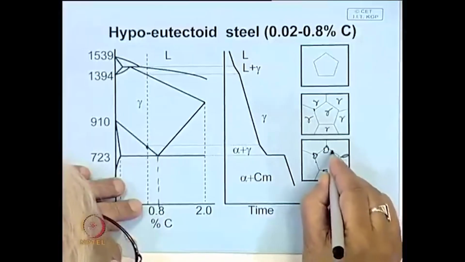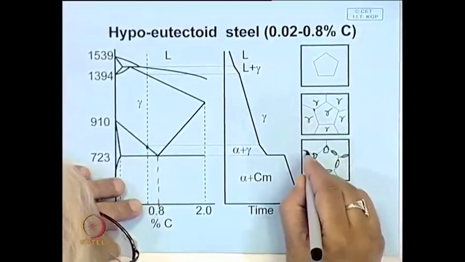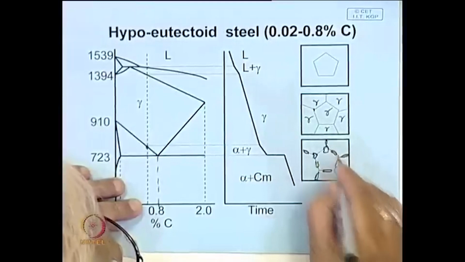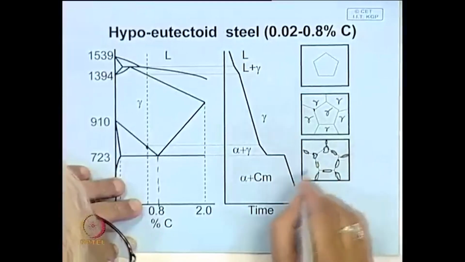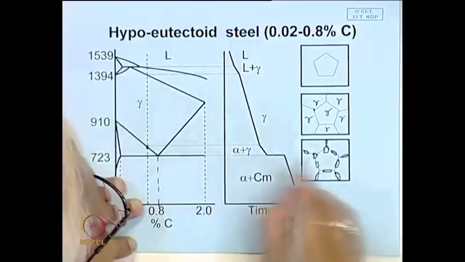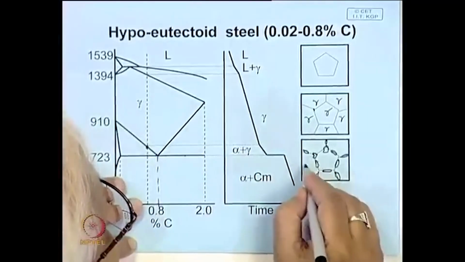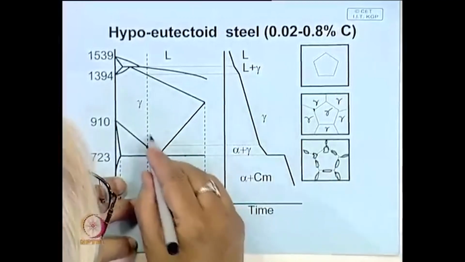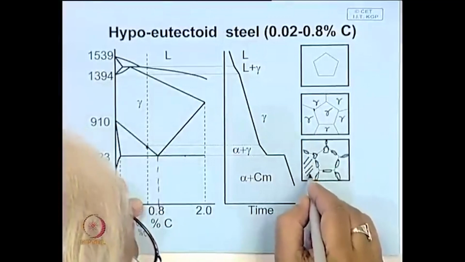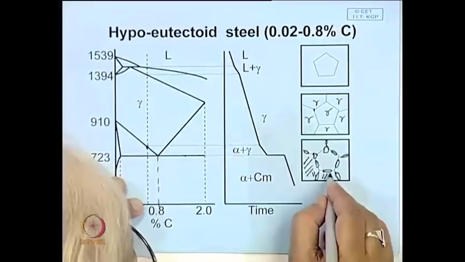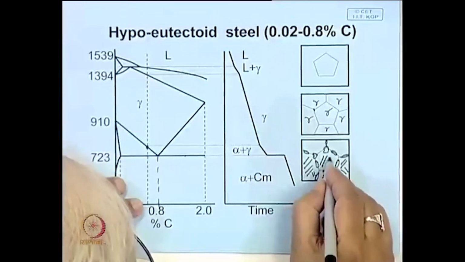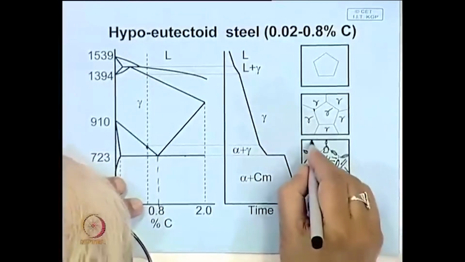These are the pro-eutectoid ferrite, and when that eutectoid temperature is reached, you will still have some amount of austenite left, and the balance austenite will transform into pearlitic structure. So, you will have this kind of microstructure.